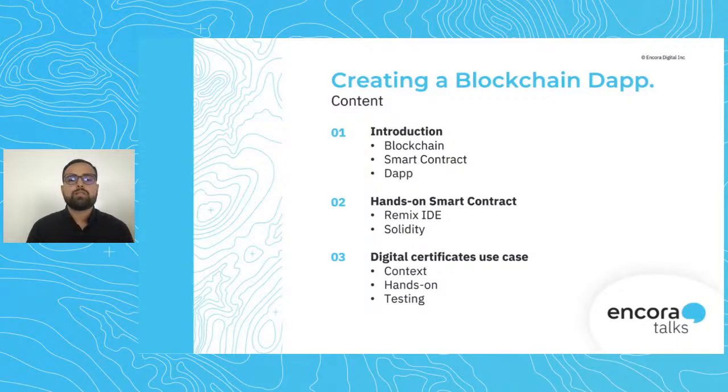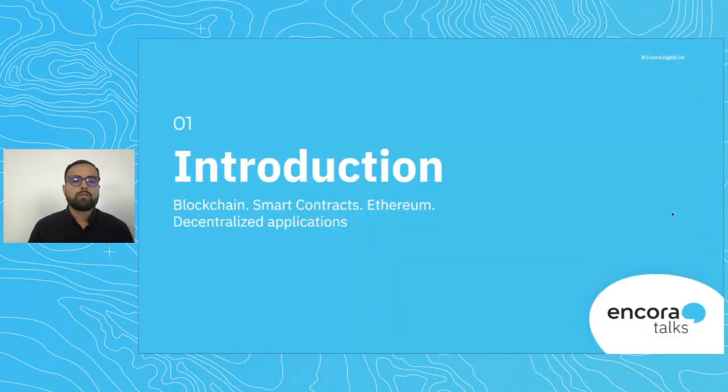And at the end, we will cover the main topic of this talk, some of the use case context, the smart contract that I made, and later we can check the API interface that I created to be used into a decentralized application.